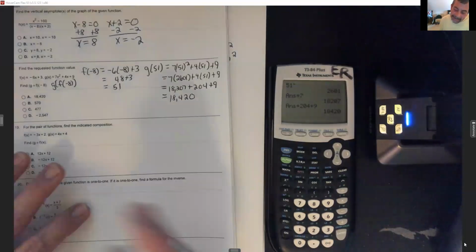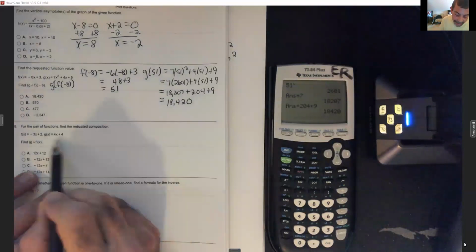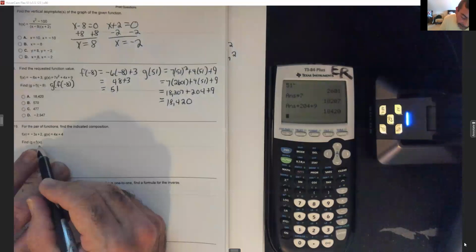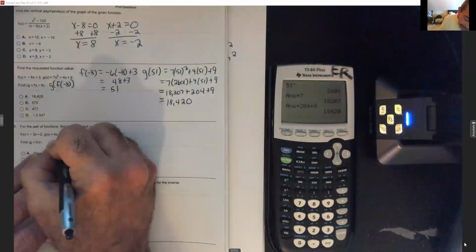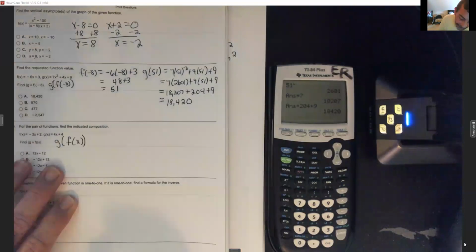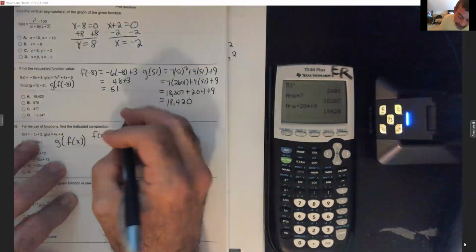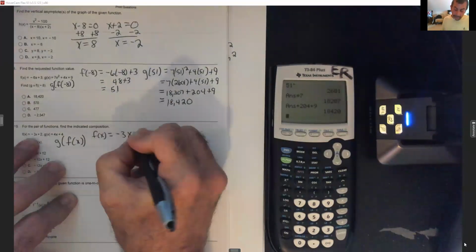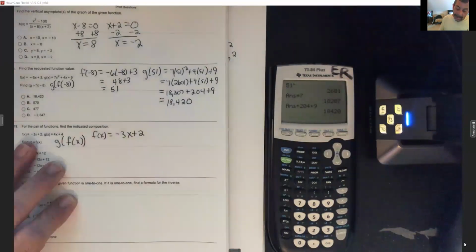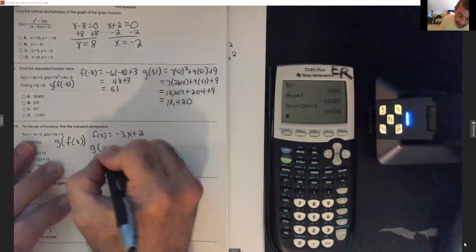All right, 19 is the same problem, but they're not giving me a number to put in on this one. They just want me to find g of f of x. So first we got to find f of x. Well, f of x equaled negative 3x plus 2. So since they didn't give me a number, g is going to be g of negative 3x plus 2.